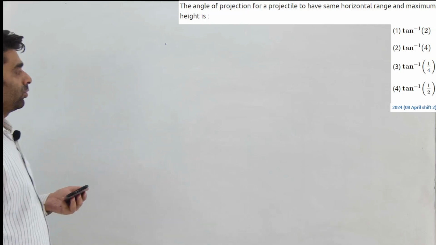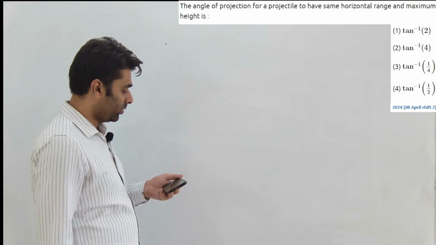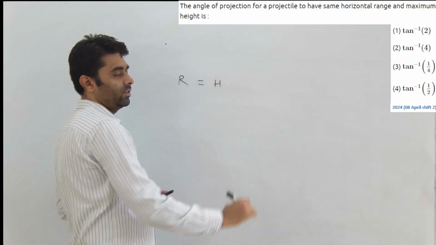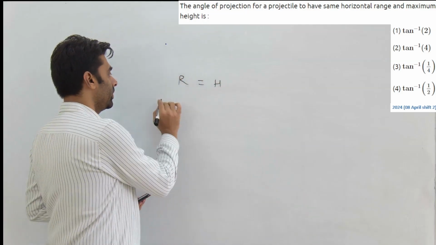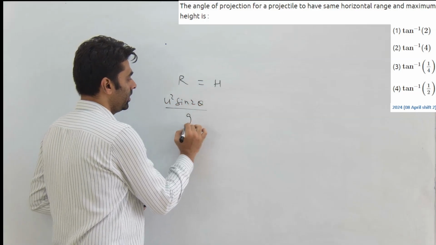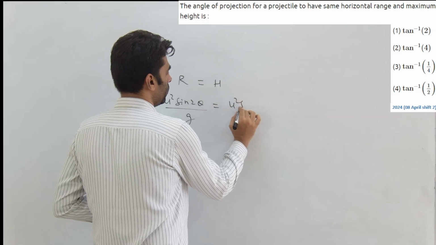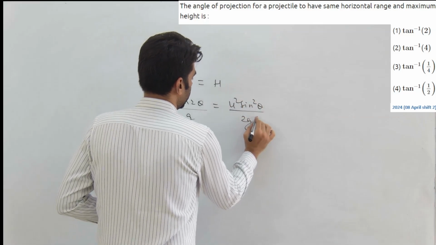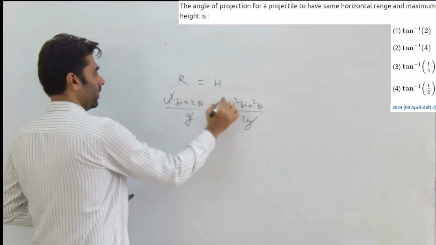So the question we have: the angle of projection of a projectile to have the same horizontal range and maximum height. Range is equal to height. The relation for range is u square sine 2 theta by g, equal to height, u square sine square theta by 2g. g cancels out, u square cancels.